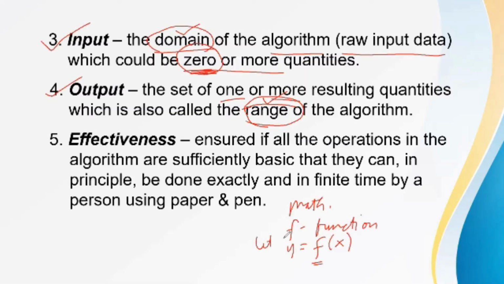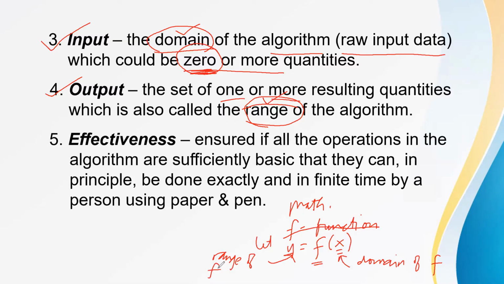So if f is a function in terms of x, we call x the domain, right? The domain of the function f. And we call y the range of the function f.